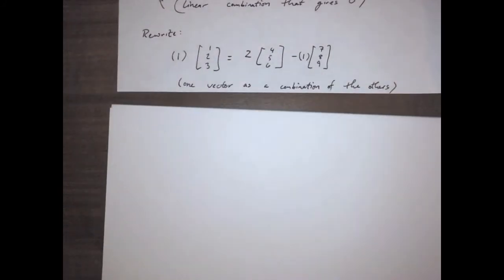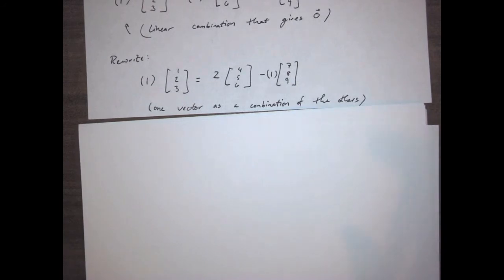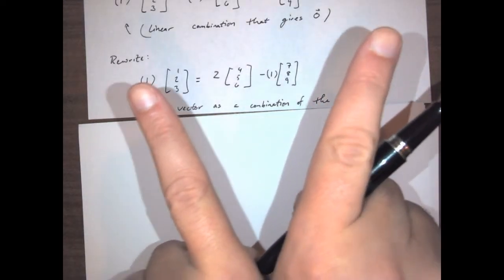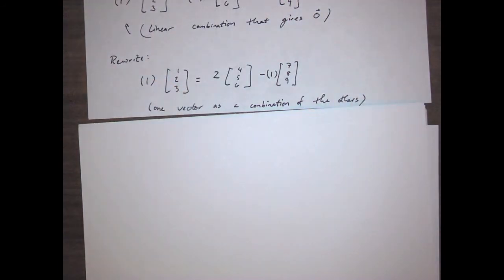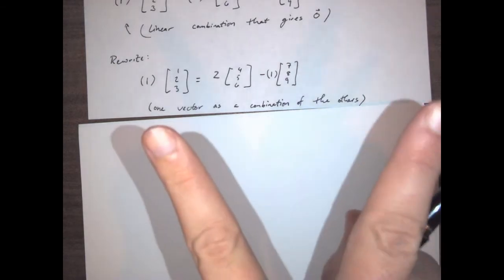Now, geometrically, what this means, so we won't write this down, but we'll just say it, is that if you have any two of these vectors and you make the plane out of them, the third vector will be part of that plane already. Although there are three vectors here, one of them is redundant, and so all the linear combinations of them are just a two-dimensional plane.